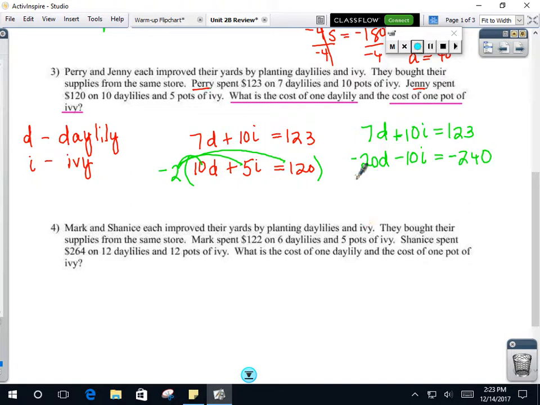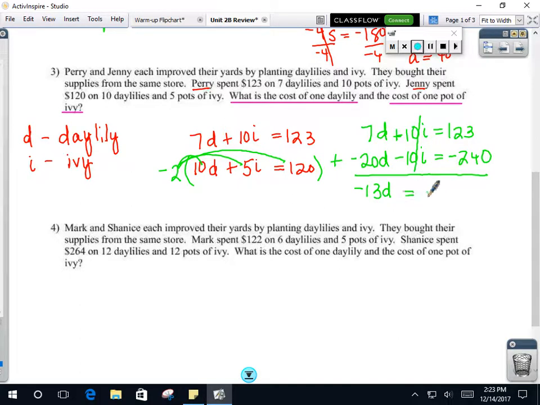Okay, now that you have the I's ready to eliminate because they have the same number but opposite signs, you add the equations together. 7D plus -20D is -13D. 10I plus -10I cancels because it's 0I.